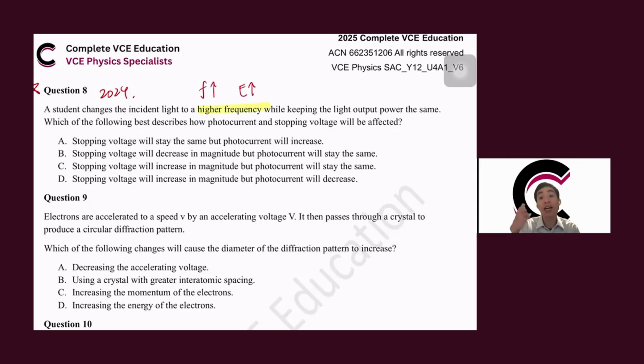When the incident light has a high frequency, so instead of using a red light you use a violet light, ultraviolet, X-ray, that's higher energy. So definitely the stopping voltage would be increased consequentially. And they kind of stop thinking: option C would be the answer because it doesn't mention anything about the intensity of the light, so it must be C.